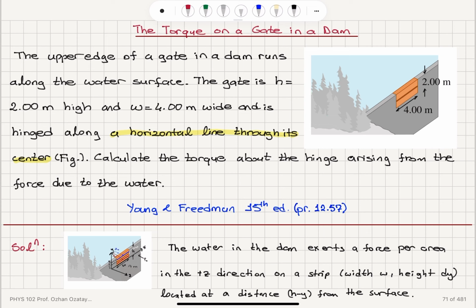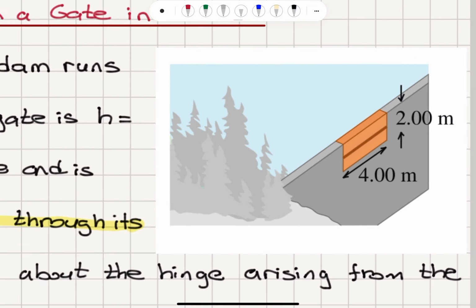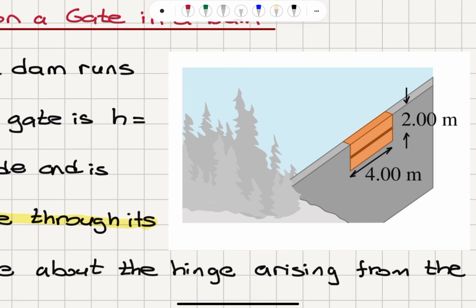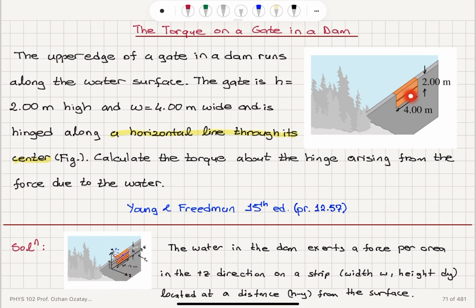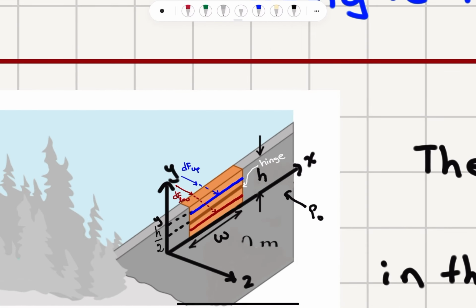Okay, so we talked about the torque on a gate in a dam. The gate is 4 meters wide, 2 meters high. It is hinged along its central line, and we want to calculate the net torque on this gate. So we look at the upper portion and lower portion separately.